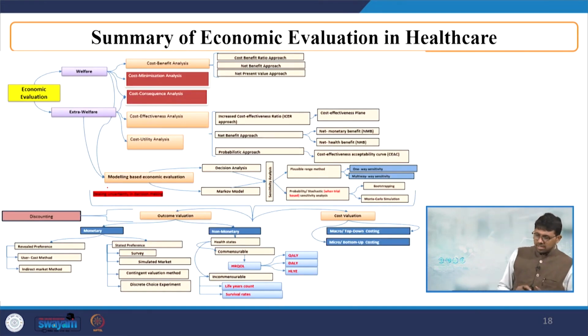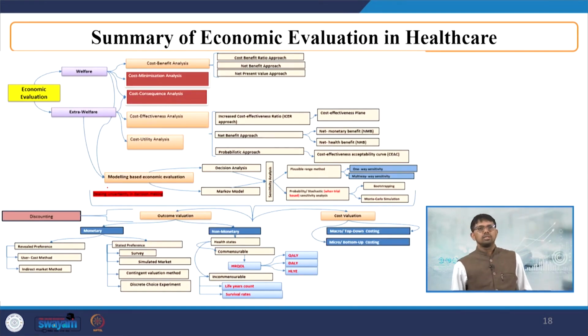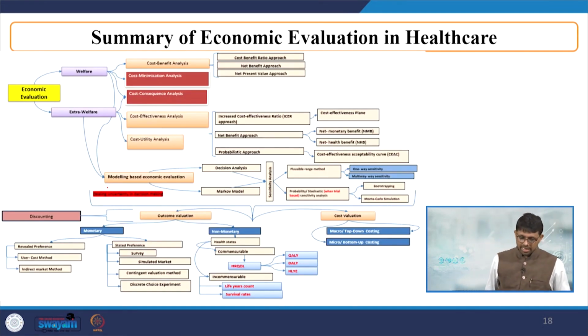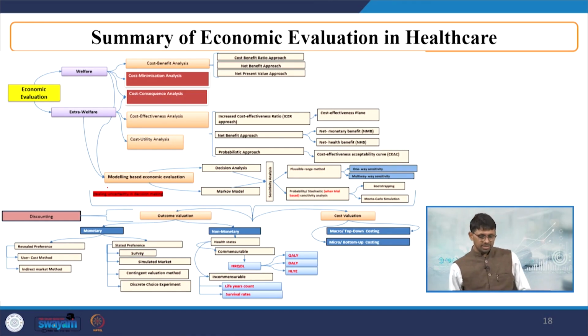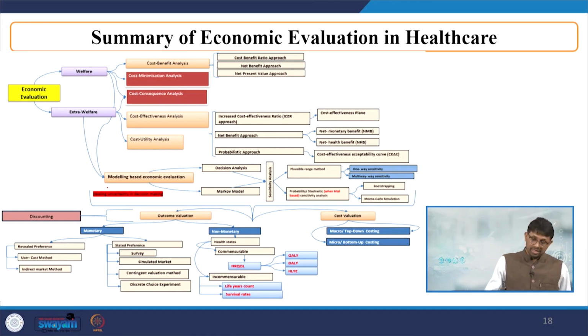So, we have discussed so many directions in the entire sections on economic evaluation in healthcare. These are all the systematic presentation of our two units on economic evaluation in healthcare. We discussed all possibilities such as welfare and extra-welfare cases. We discussed that there are different approaches.